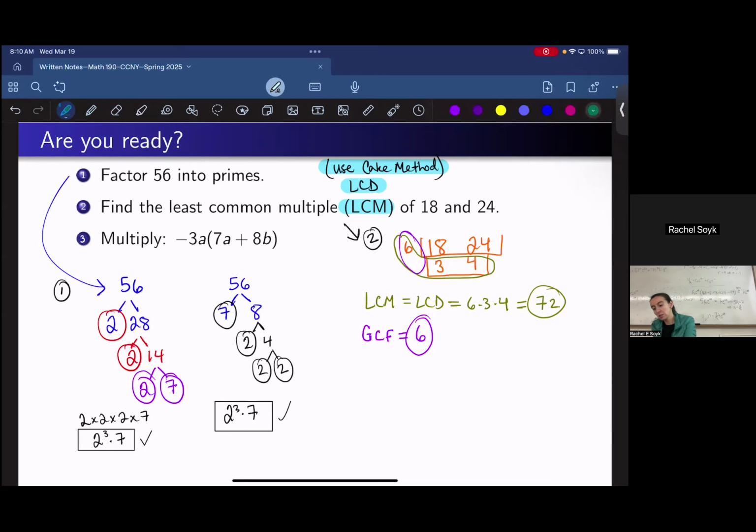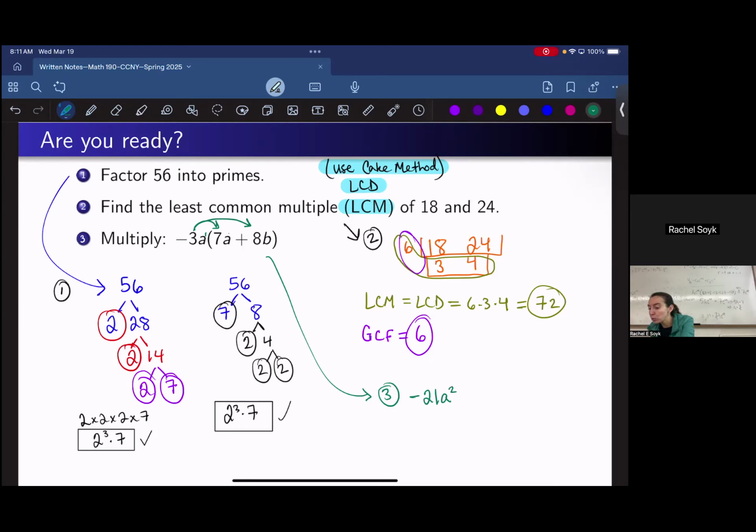And then finally, we have question 3, where we're just asked to multiply these two expressions. And so we're going to utilize our knowledge of distributive property, our famous property. And so we get negative 3a times 7a gives us negative 21a to the second power, right?